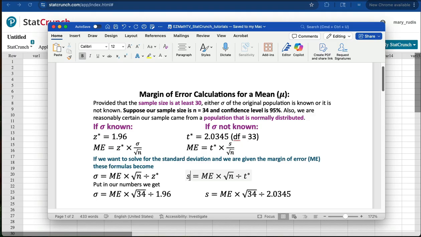And your sample standard deviation S is going to equal the margin of error times the square root of n divided by your critical t star.